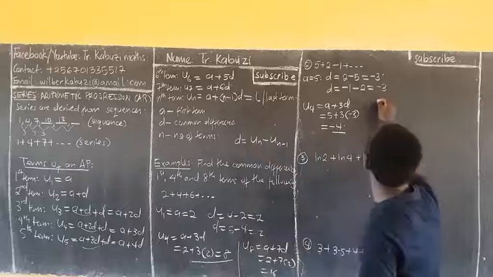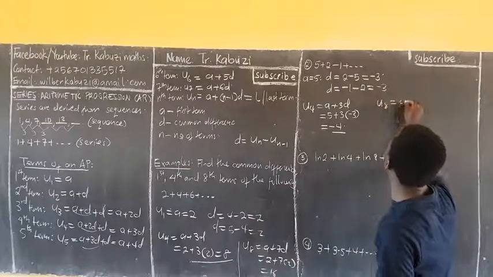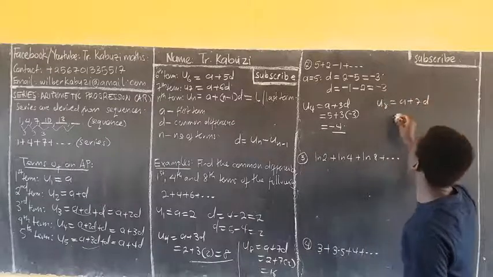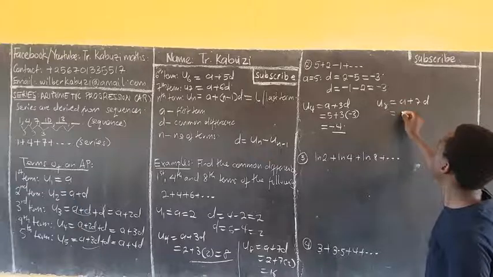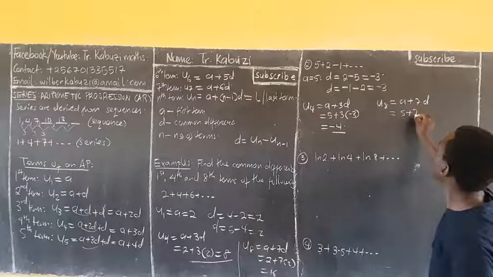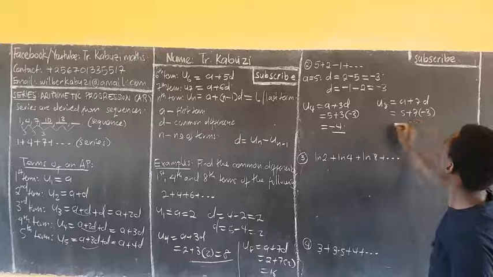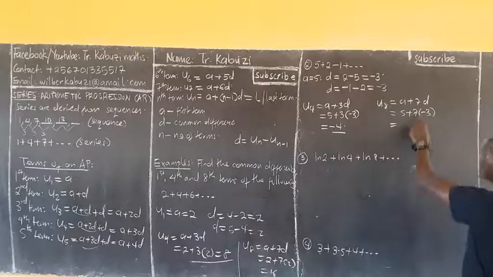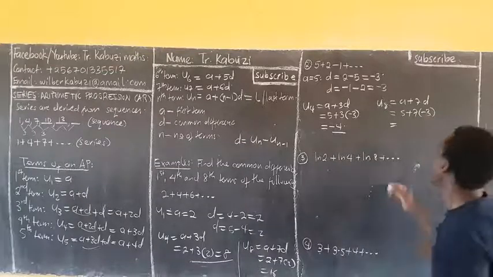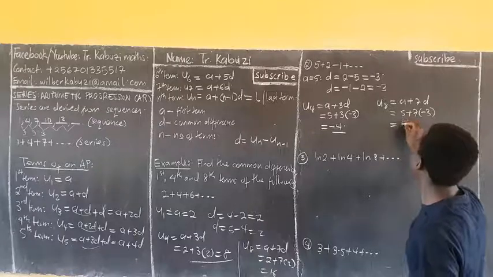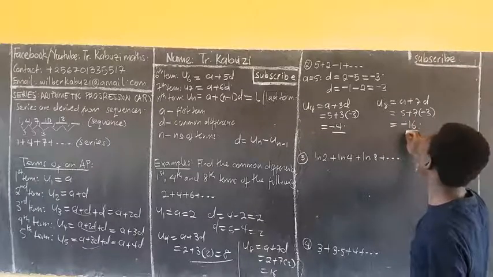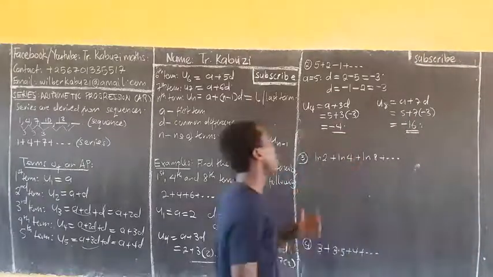Then the eighth term, u8, will be a plus 7d. You have everything, so from here I have your a as 5 plus 7 into negative 3. This will be negative 21 plus 5, which gives negative 16. So that's how you can handle that.